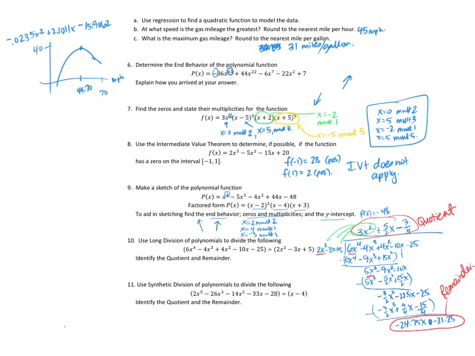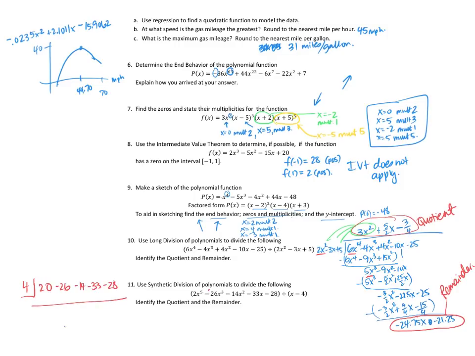Then the next thing, I want to use synthetic division of polynomials to divide that out. So I notice that there's no x to the 4th term there, so I'm going to have to make sure I skip a spot. So I've got 4 here as my 0, and then I'll have 2, 0 for the x to the 4th, negative 26 for the x cubed, negative 14 for the x squared, negative 33 for the x term, and then negative 28.